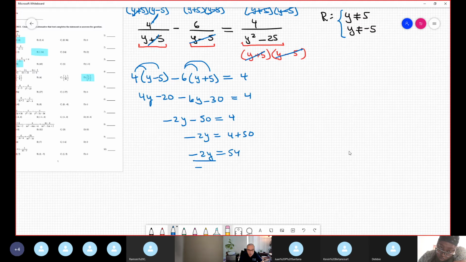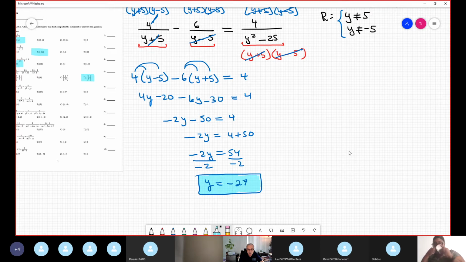Finally, divide by negative 2 on both sides. 54 divided by 2 is 27, but negative. Negative 27. I suppose that this is my answer. There are no coincidences with the restriction. Happy, no elimination or anything. Negative 27 is perfectly valid. There are no coincidences with this and this. And this is option C.